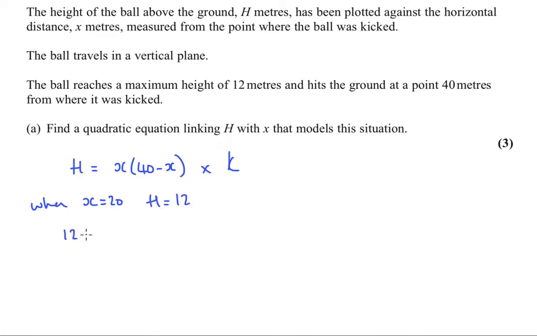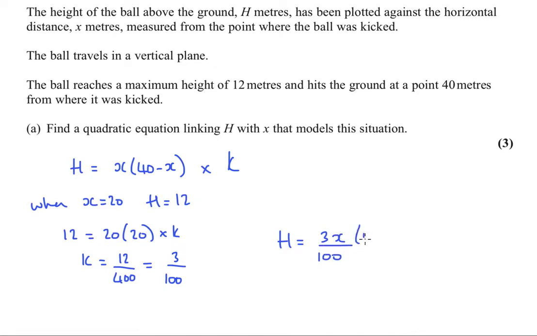So we can write 12 equals 20 times 20 times k. So k is going to equal 12 over 400, which is the same as 3/100ths. So the final full equation for h is 3x over 100 times (40 minus x), or you might have 0.03x there.